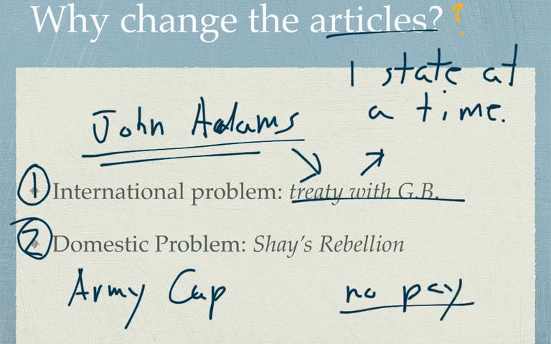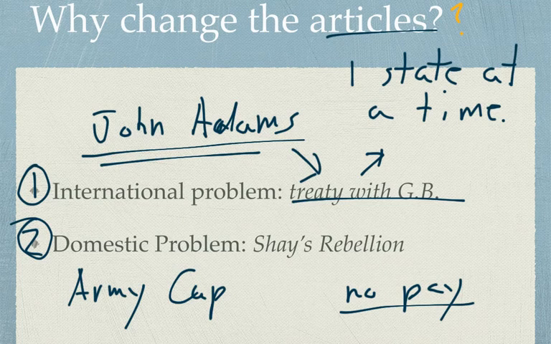They got paid infrequently, or they got paid in money that was not useful. In other words, it ended up being worthless. And so when they come home, mainly farmers, back to Massachusetts, where Daniel Shays and many others are, they find that their land, now debt-ridden, is in foreclosure in western Massachusetts because they haven't been paying their taxes.